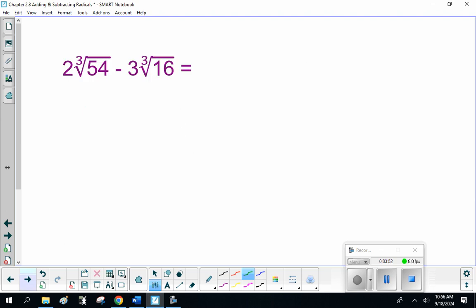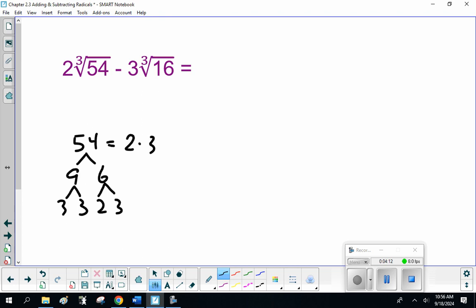So I'll do this one with you, and then we're going to go on and I'll let you do some on your own. So here we go. 2 cube root of 54 minus 3 cube root of 16. Well, right off the bat, 54 is 9 and 6. Now this is cube root, so I'm looking for groups of 3.